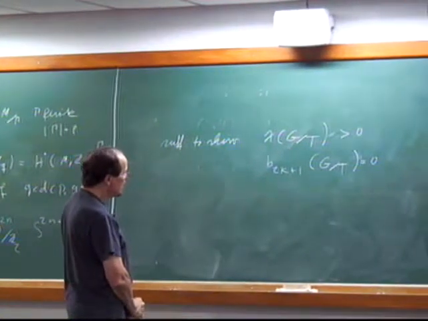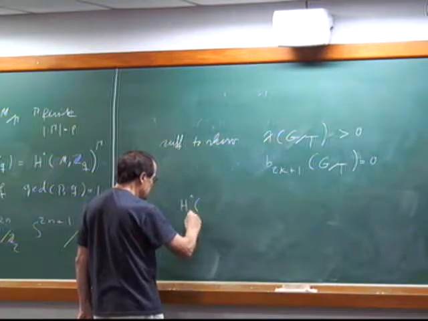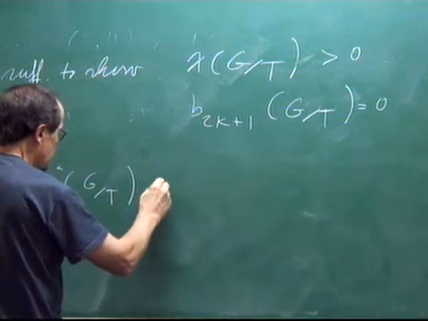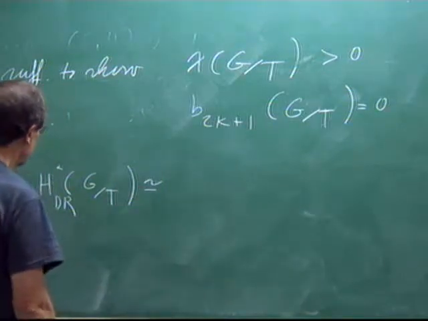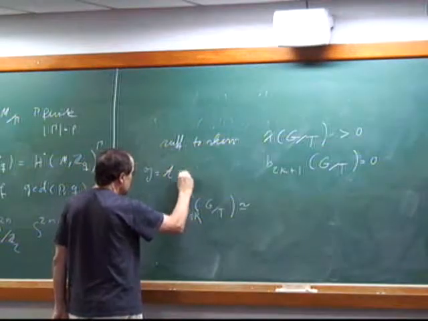For this, I'm going to use what I proved about the de Rham cohomology of G mod T. Let's say I write g as the Lie algebra of the maximal torus plus the complement p.